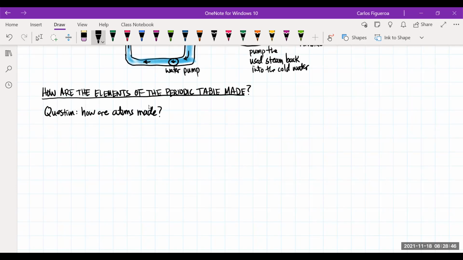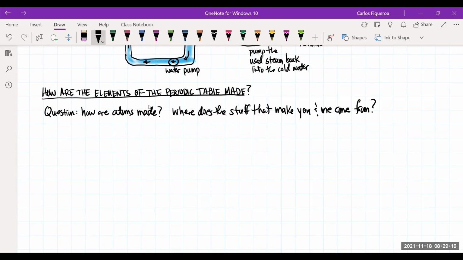And I'm really asking this question: where does the stuff that makes you and me come from? A lot of people will say, no, it comes from the earth. Well, that's hogwash.